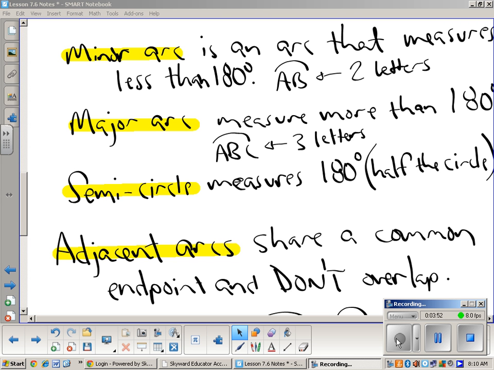And multiple ways to name the same arc. A semicircle measures 180 degrees. It's exactly half the circle. And adjacent arcs share a common endpoint but don't overlap. Okay, we'll look at a picture of these things in just a few minutes.